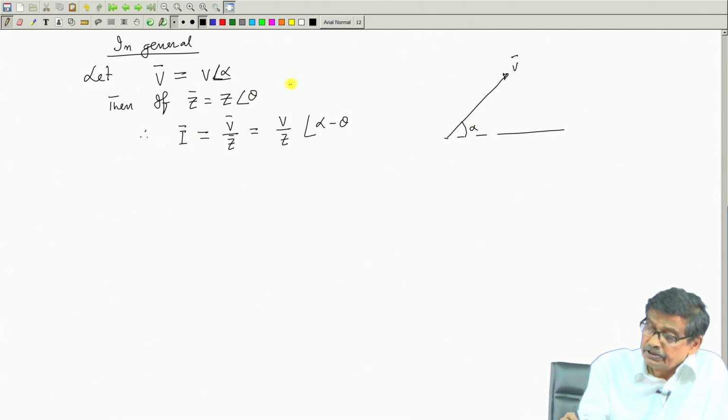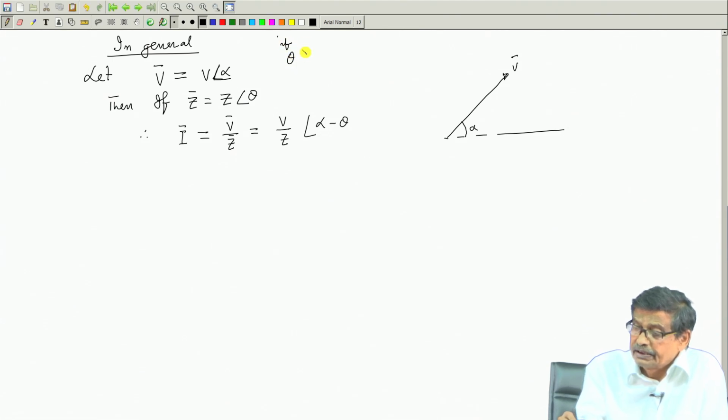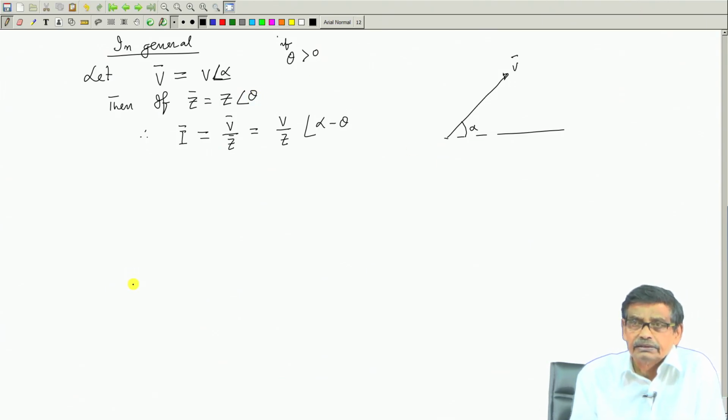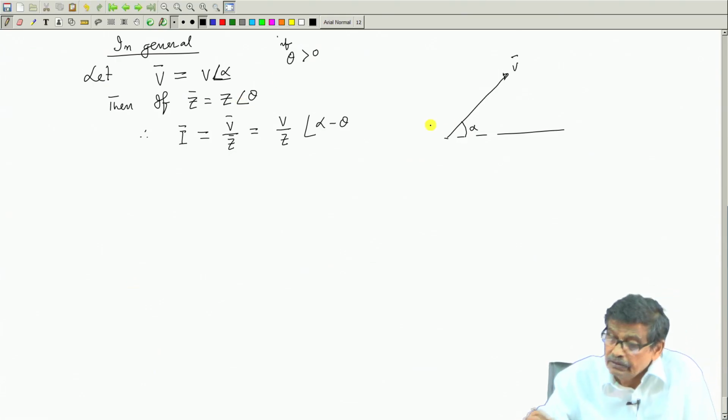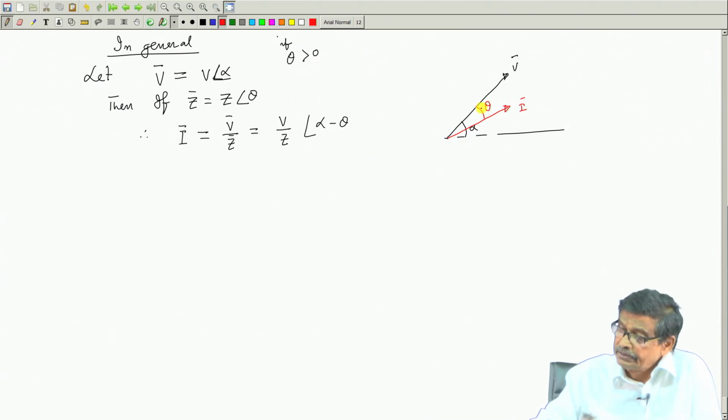If theta is positive, then I am talking about an inductive circuit, the impedance of an RL circuit, theta will become positive. So, your I phasor will be lagging the supply voltage, this is I bar and this is power factor angle theta. You must understand this.